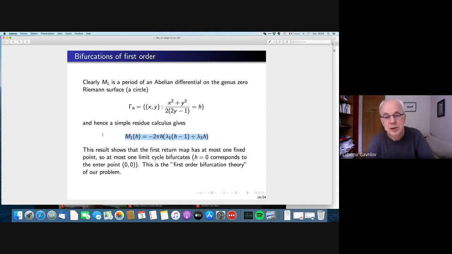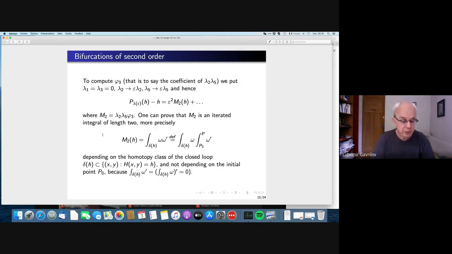So the situation is extremely simple. The conclusion is that only one limit cycle can bifurcate, a result obtained already by Ciccone and Jacob many years ago.